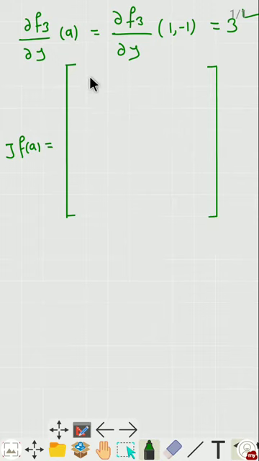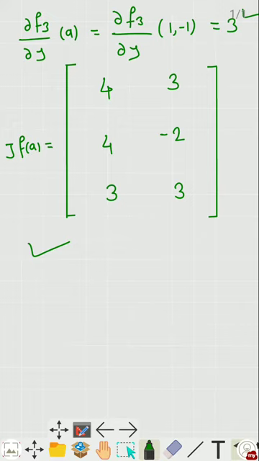Our first row is 4, 3, second row is 4, -2, and third row is 3, 3. Okay, so this is the required Jacobian matrix of the given function at point A.